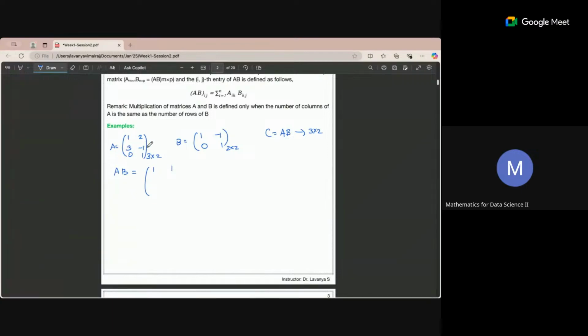And then second row and first column, 3. Second row and second column, -3 minus 1 is -4. And third row first column, 0. And third row second column, 1. So this matrix multiplication is clear for everyone, right?